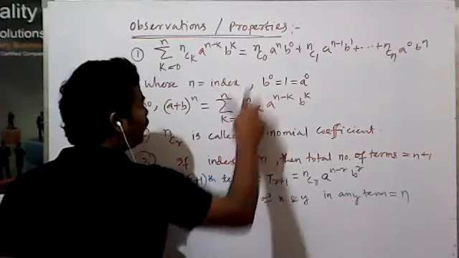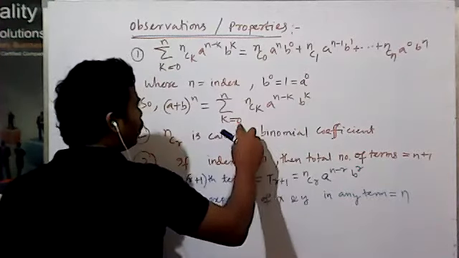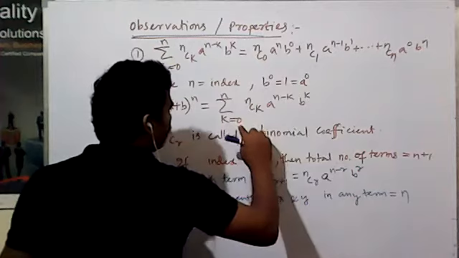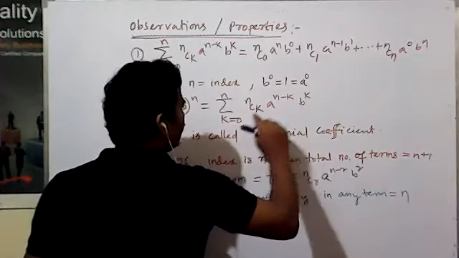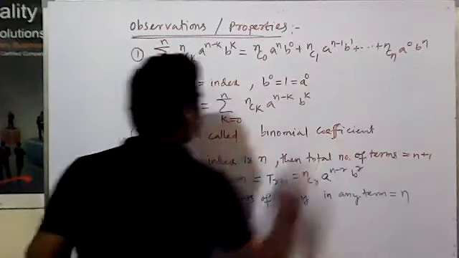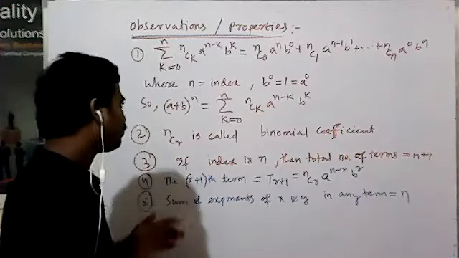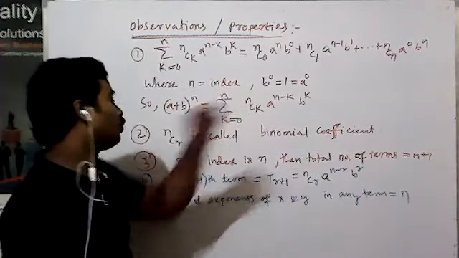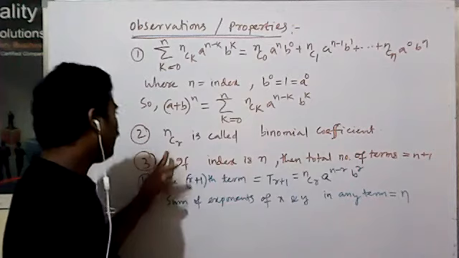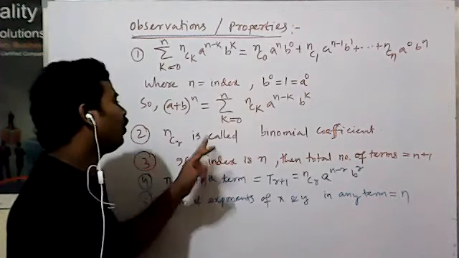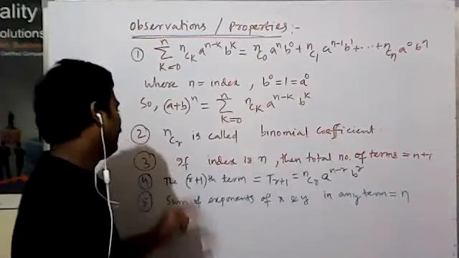When k equal to 0, that is the first term, then k equal to 1 is the second term, and k equal to n is the (n+1)th term. So here nCr is called the binomial coefficient.